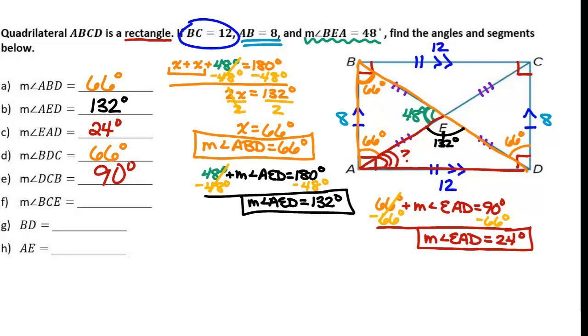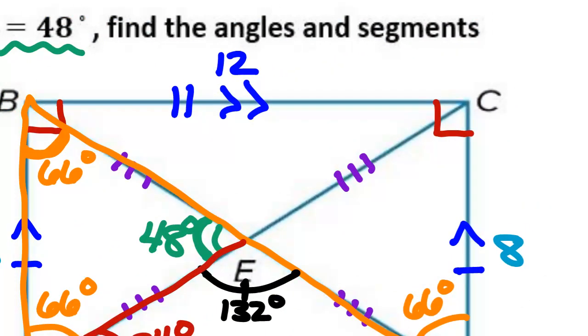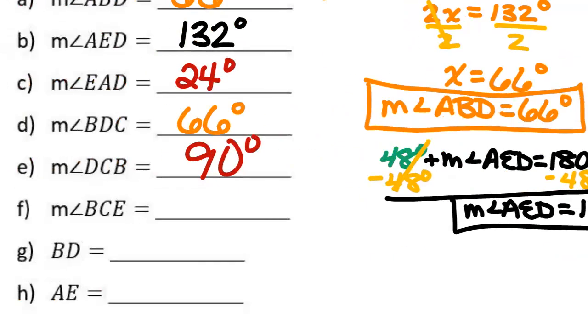This angle right here. 24 degrees, yes. I forgot to add the 24 to our picture down here earlier. But this upper isosceles triangle, BEC, is congruent to this lower isosceles triangle, AED. So that means that BCE is 24 degrees, just like angle EAD.